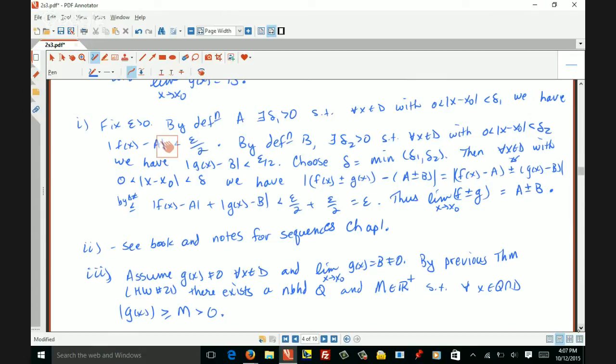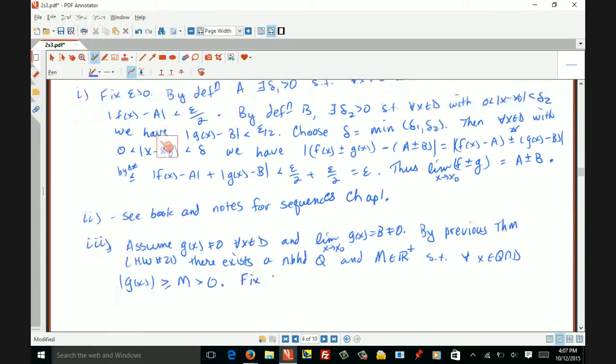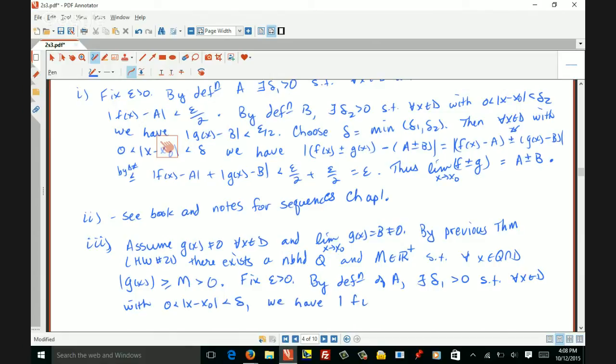Now, what we're going to do is fix our epsilon greater than 0. By definition of A, I know there exists a delta 1 greater than 0, such that for all x in D, with 0 less than absolute value of x minus x naught less than delta 1, we have absolute value of f of x minus a is less than something.